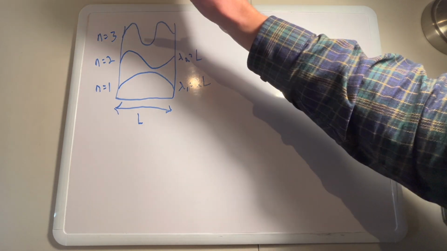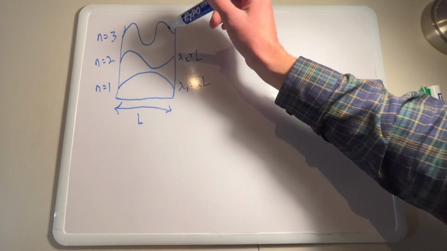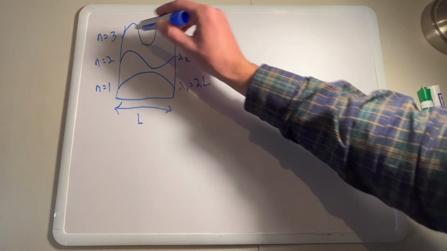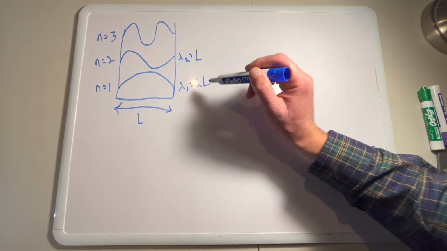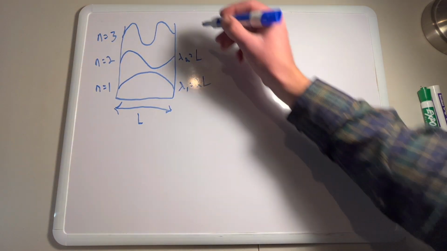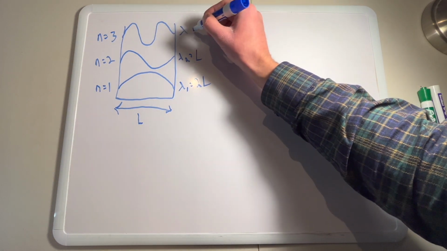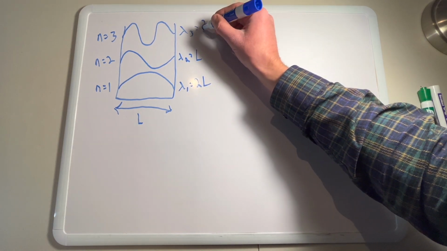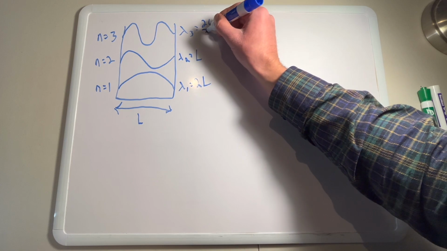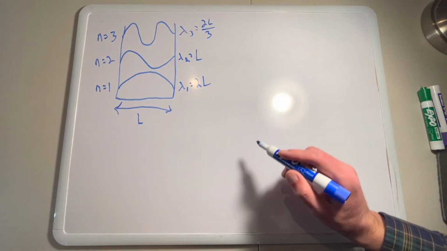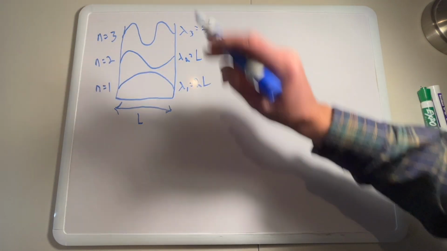So you fit 3 peaks or valleys in this range right there. So 2 of the 3 is 1 wavelength. So we can write that as 2/3 L, 2L over 3, right? 2/3 of that length.